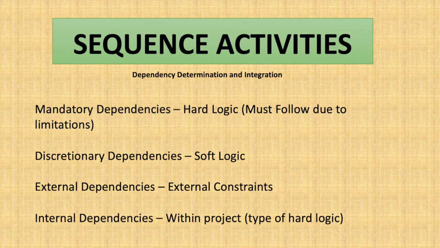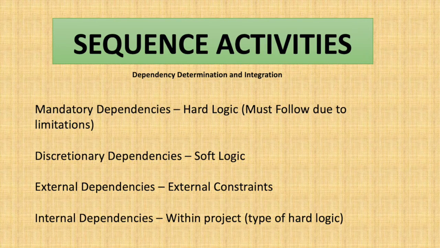Discretionary dependency is also called soft logic. This is a dependency we can use on a preference basis. We can do this activity or that activity, depending on our best practice. For example, we are doing an MEP project.